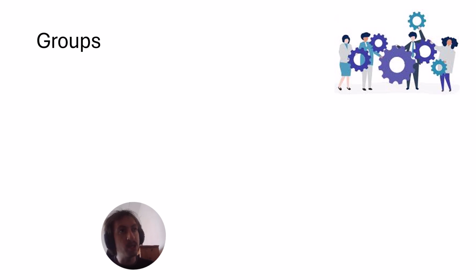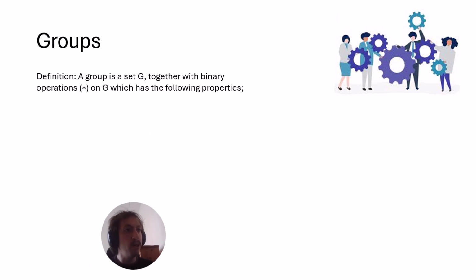So let's jump into the definition of a group. A group is a set, with a capital letter to represent the set. And along with the set, we've got a binary operation, so an operation between two elements within the set. And this operation has to have these properties.